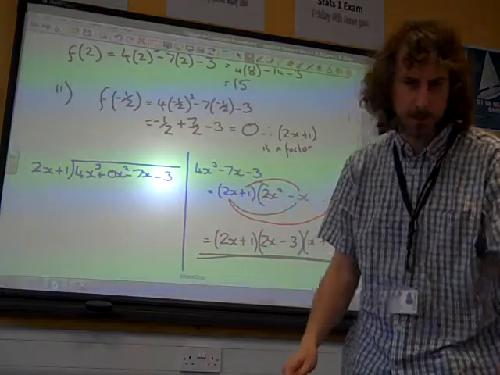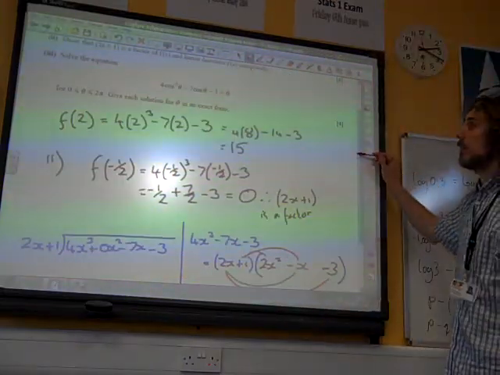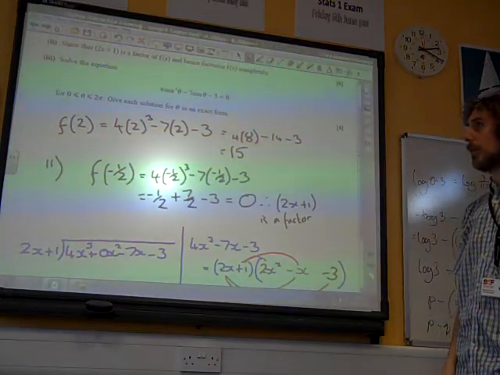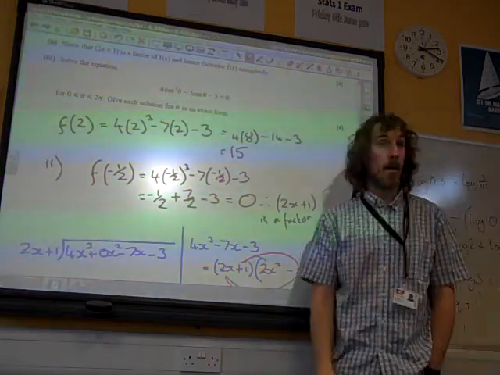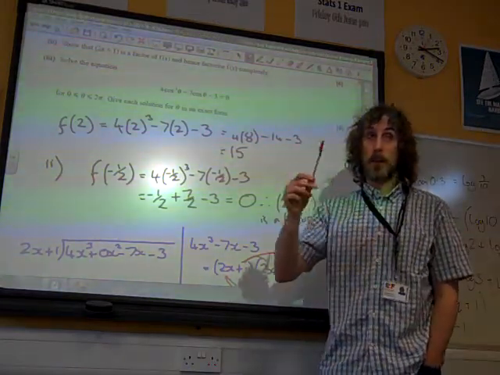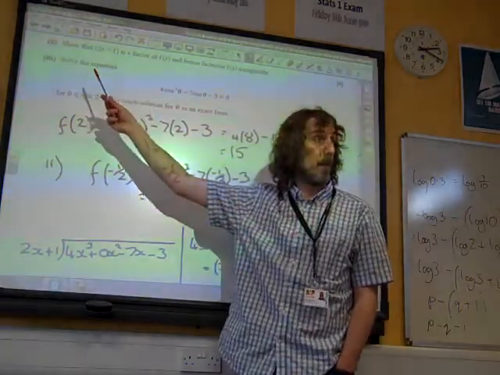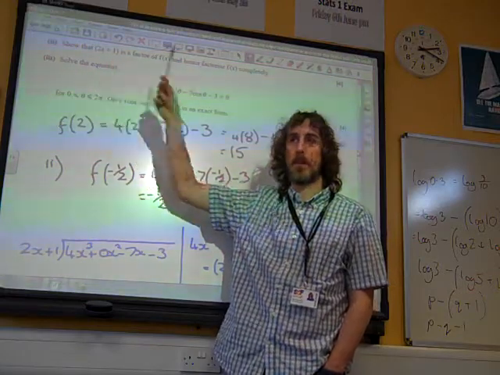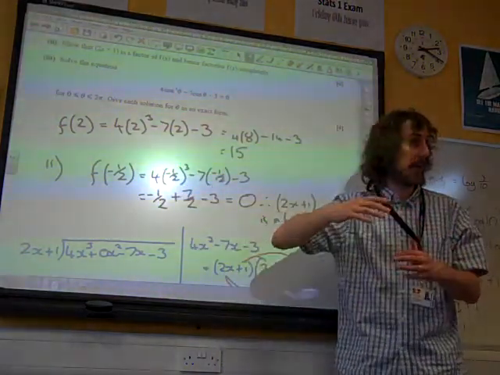Right, so now where does the question go? Well, now it says, solve the equation 4 cos cubed theta minus 7 cos theta minus 3 is 0. Now this looks like it's completely different, but remember OCR, the way that they will structure the questions, this is a part 3, not a part B or part C. Because it's parts 1, 2 and 3, that means there's a flow between them, they're interconnected.